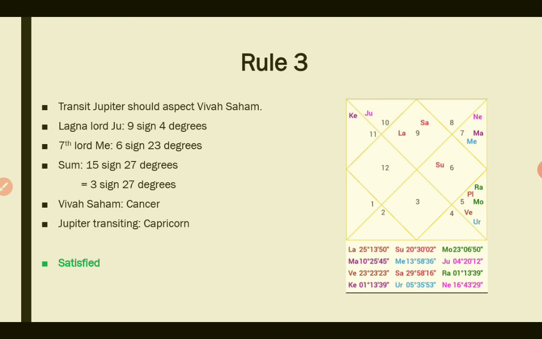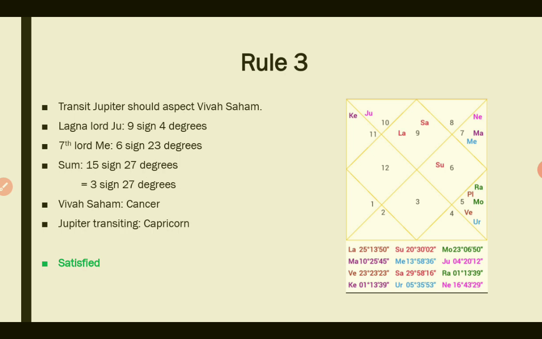If the degrees were in excess of 30, we would subtract 30 from the degrees and add 1 to the sign, because each sign is 30 degrees. Since it is 15 signs and 27 degrees, we can remove multiples of 12 from the signs, because going a multiple of 12 takes us back to the original point from where we started.